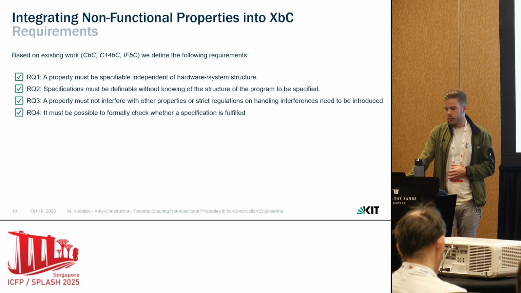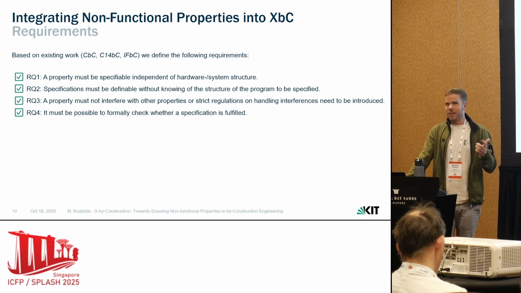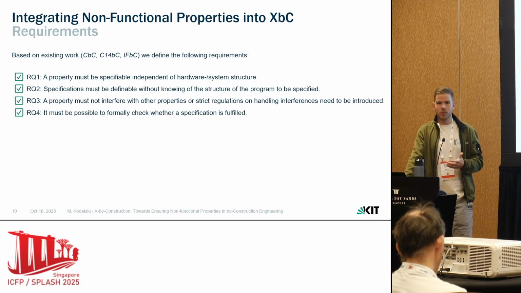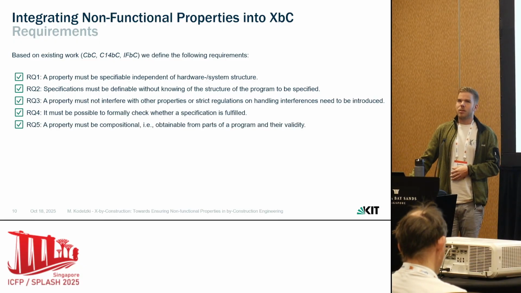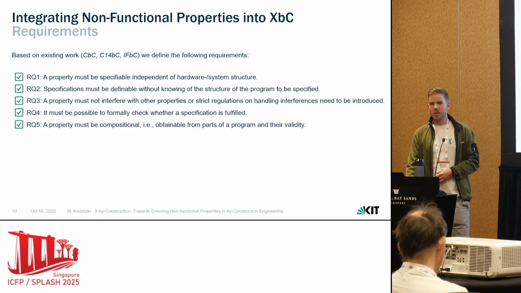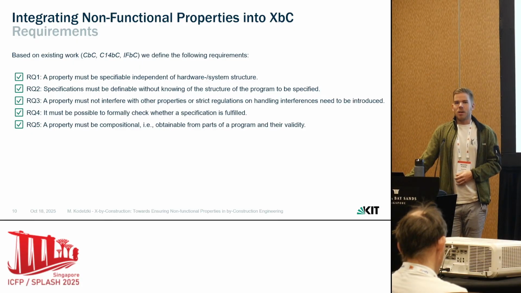The 4th requirement is that we somehow need to be able to check if our property and the specification that we defined earlier is fulfilled or not. The 5th requirement, and that is one that is applicable on multiple levels, is compositionality and modularity. We have 2 points.